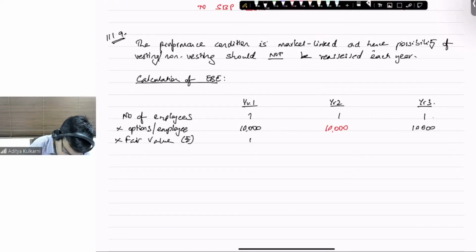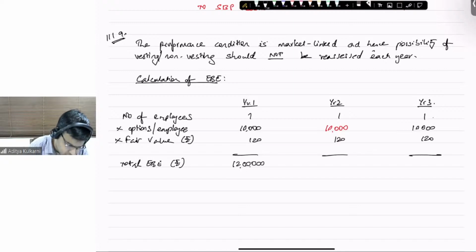Rupees 120, 120, 120. So this comes to total EBE in rupees 12 lakhs. Many students go wrong in the second year.